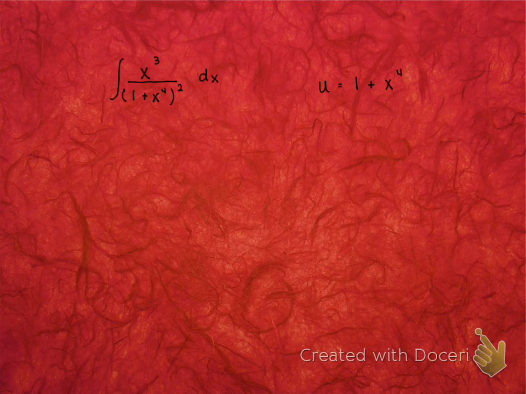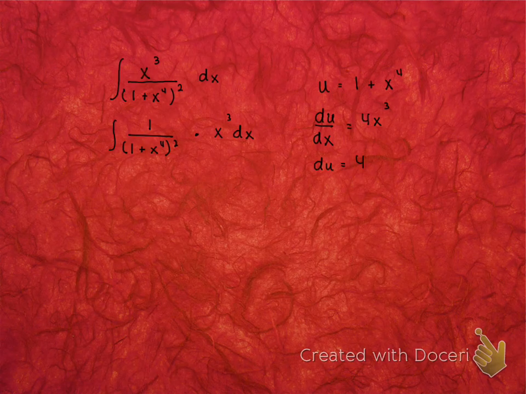That means that we can rewrite this as 1 over 1 plus x to the fourth all squared times x cubed dx. That is the dx now that we need to match from our u. So we have our u, du dx is equal to 4x cubed. Therefore, du is equal to 4x cubed dx.